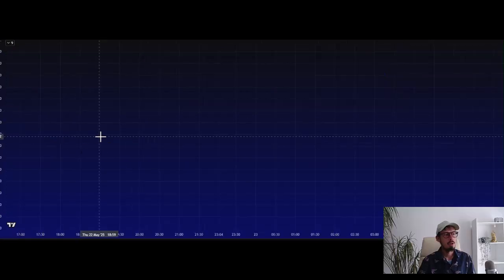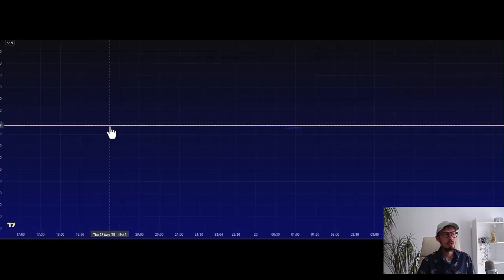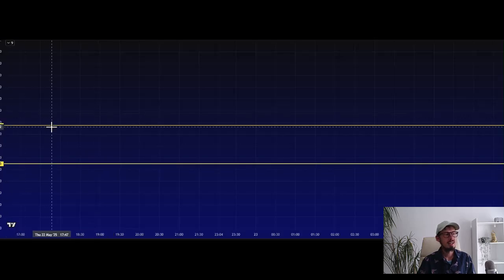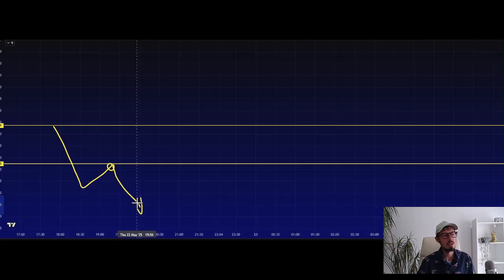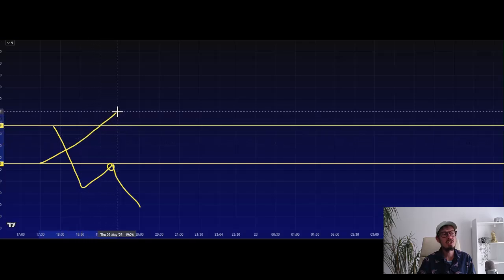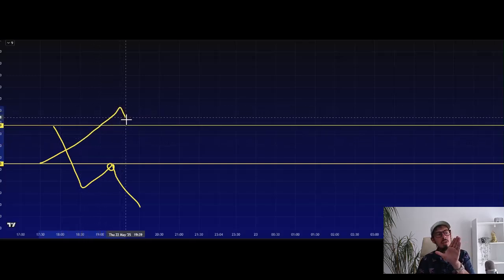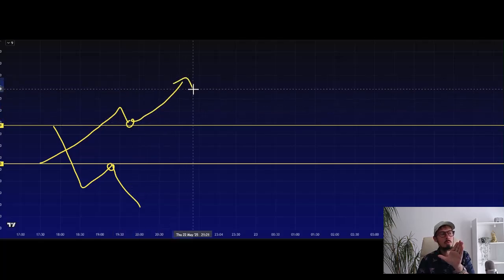Quick recap. So step number 1, place your resistance and support zones. Then if the price breaks the support zone, wait for the retest. That's where you enter the sell trade and make juicy profits. And vice versa, if the price breaks the resistance, let it break, let it retest, and that's where you enter the buy trades for the juicy profits.